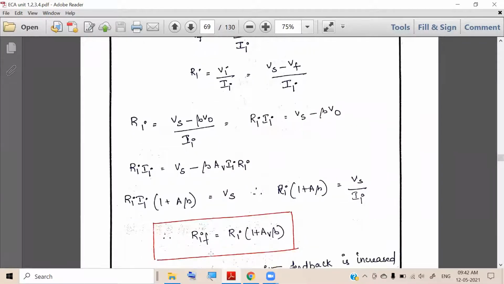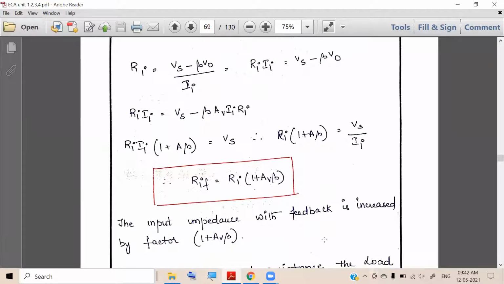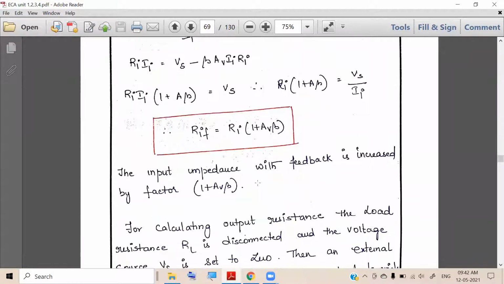So we get a relation: R_if is R_i into 1 plus A_V beta. So input impedance is increased by a factor of 1 plus A_V beta for voltage series feedback.